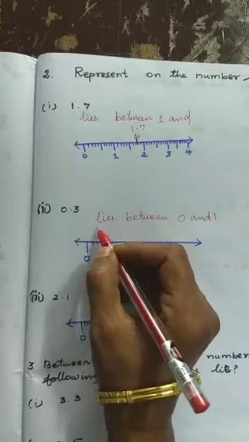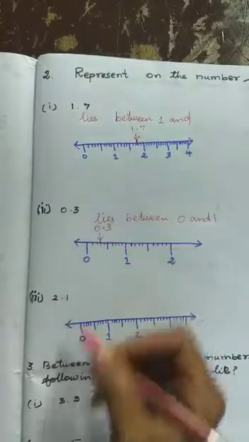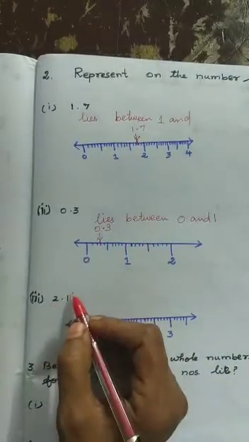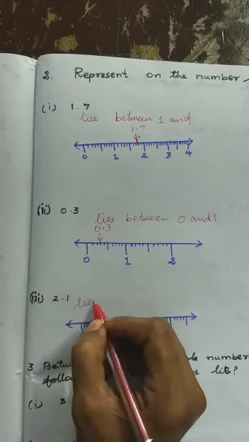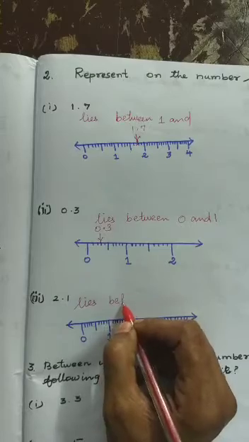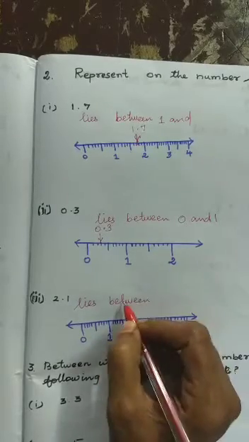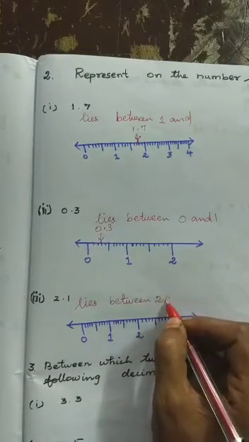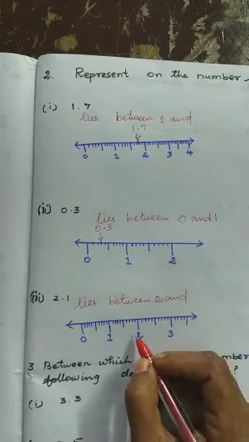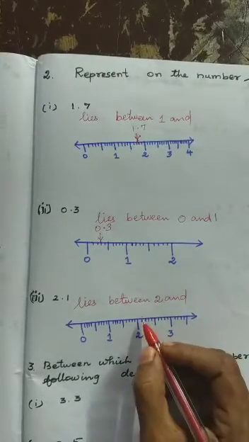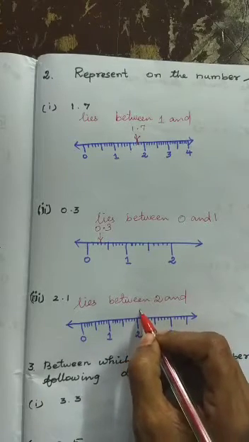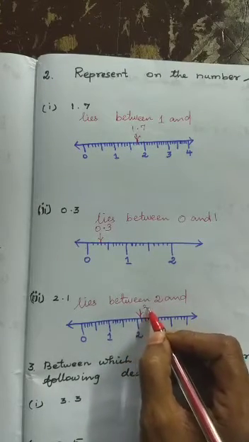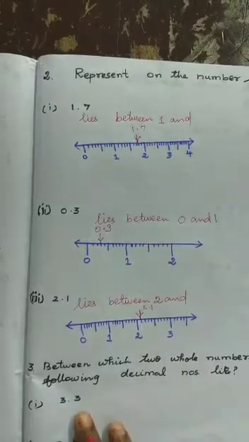Next, 2.1 lies between 2 and 3. After 2, 0.1 here. So this is 2.1.